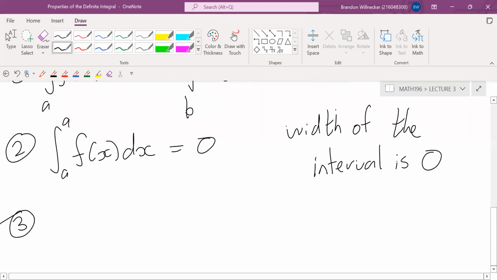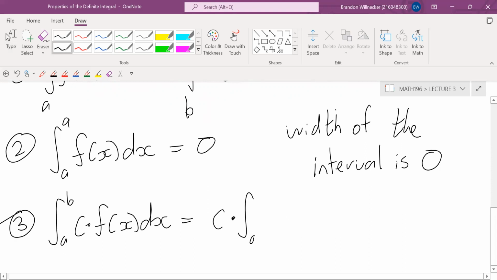Okay, property number 3. The integral from a to b of some constant times f of x dx is equal to the constant times the integral from a to b of f of x dx. In other words, we can take constants outside of the integral. So where did this come from?